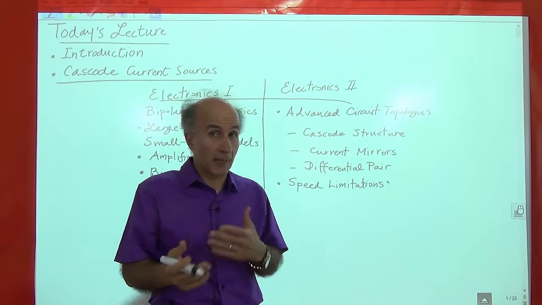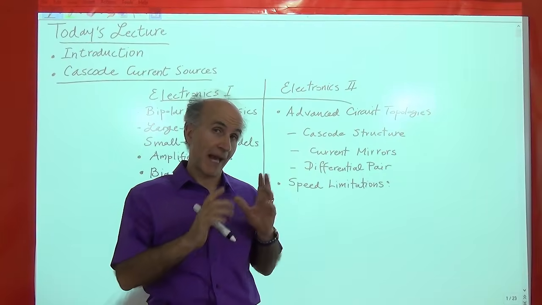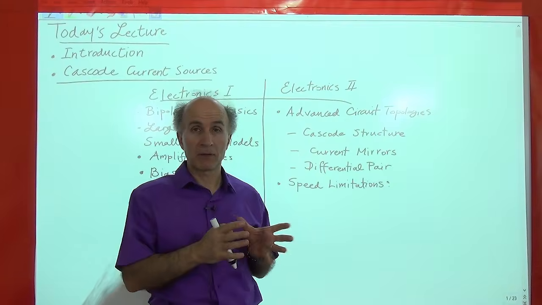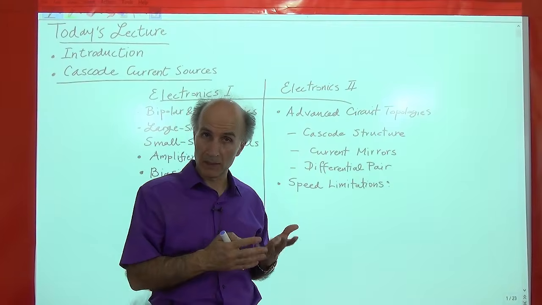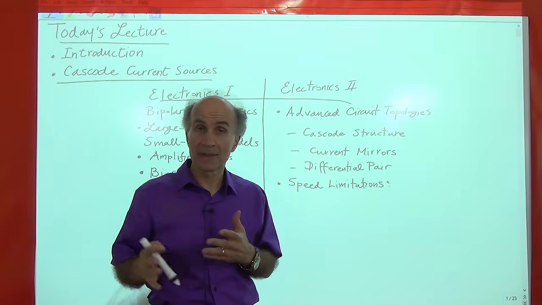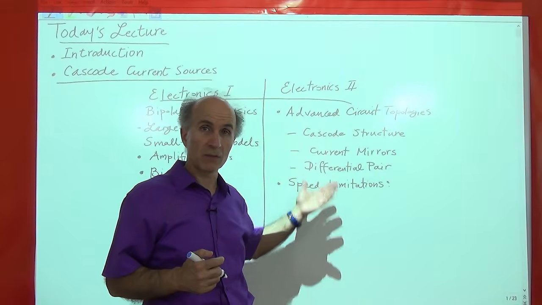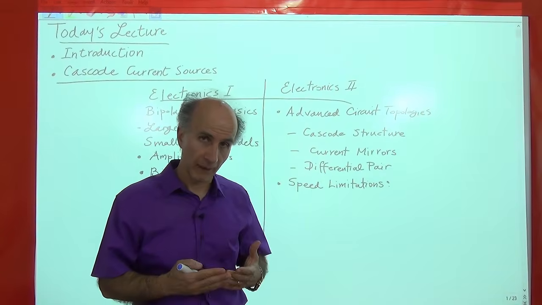Meaning, for example, what's the highest frequency that I can give it? If I'm claiming that it's an amplifier, can it amplify a signal at 1 megahertz? Maybe. How about 1 gigahertz? How about 10 gigahertz? At what point does it not amplify anymore? So those are the speed limitations of these circuits that we want to quantify.